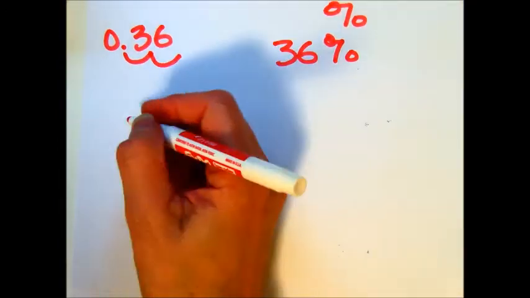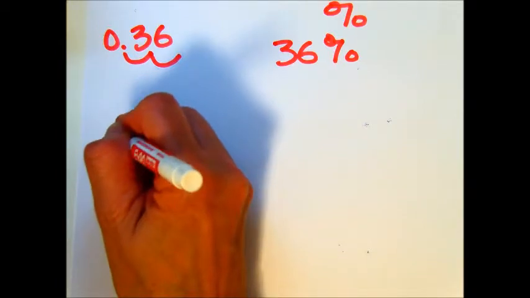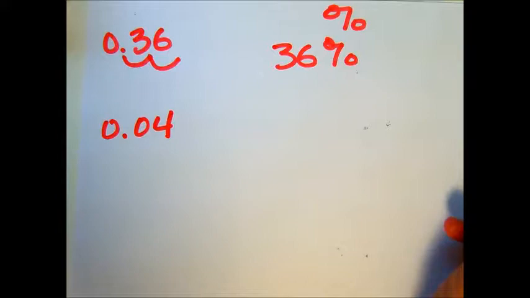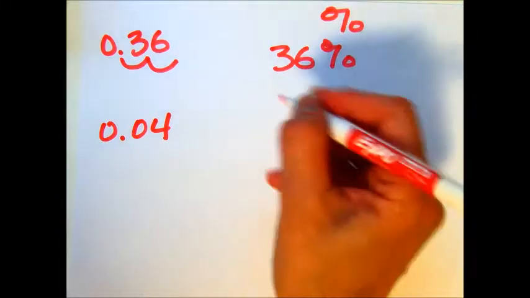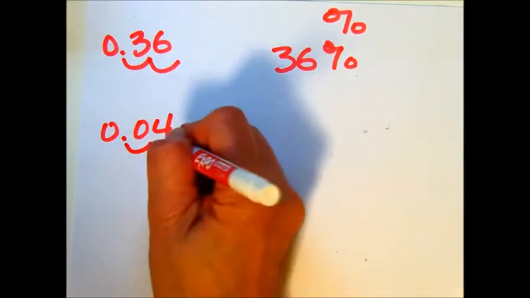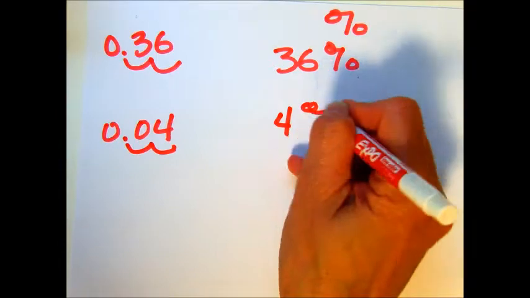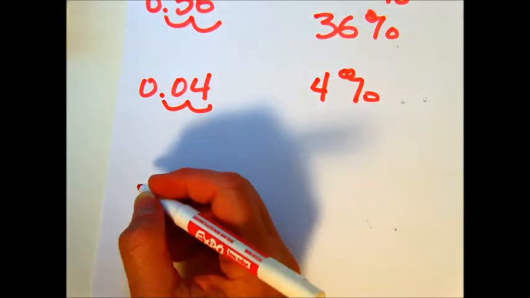Okay. And let's do one more. How about 4 hundredths or 0.04? Again, 2 places to the right, 4%.